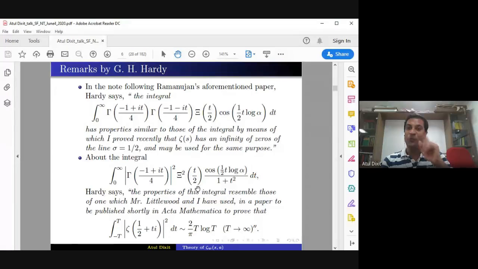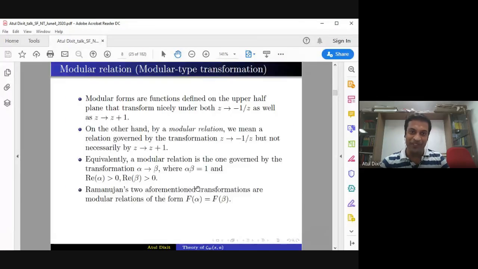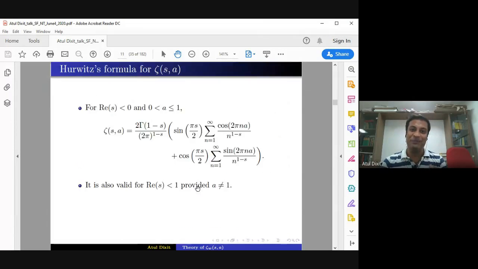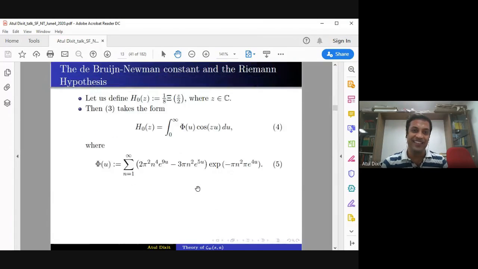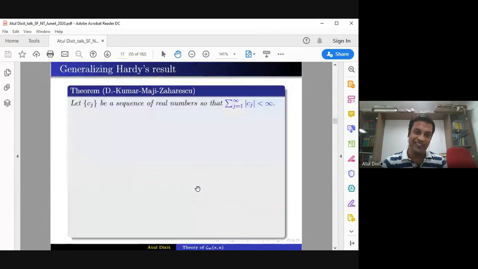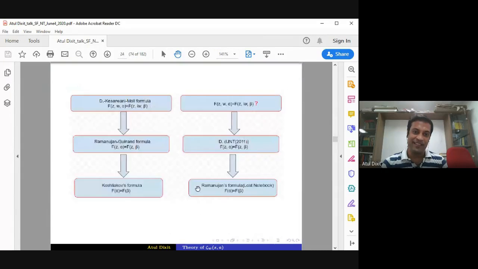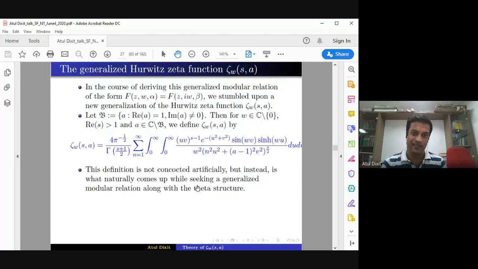Thanks. One other point that I wanted to make, and here is where physics might play a role, is in the definition of this generalized Hurwitz zeta function. This extra parameter now is W. It plays a role in getting generalizations of many well-known special functions.